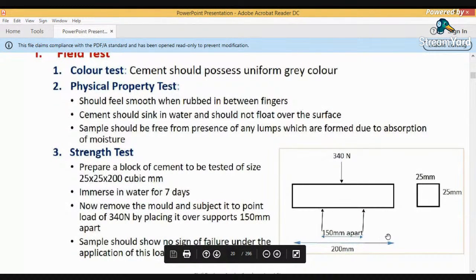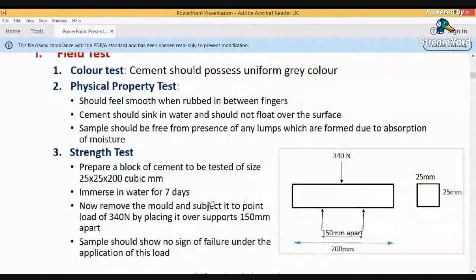In the front view, the supports should be placed 100 millimeter apart, and 340 newtons should be placed at the center of this support.